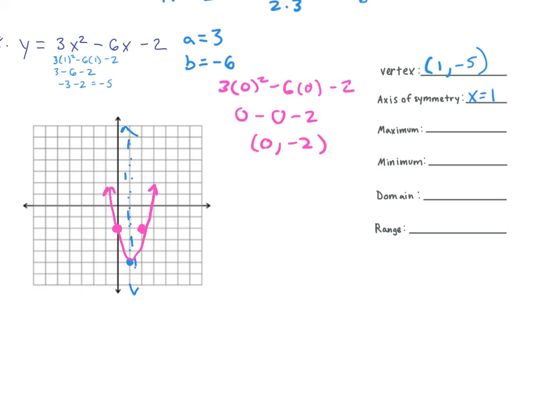It opens up. So do we have a maximum or minimum here at our vertex? A minimum. And what's our minimum value? Negative 5.